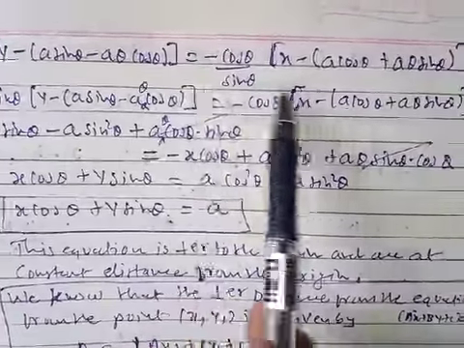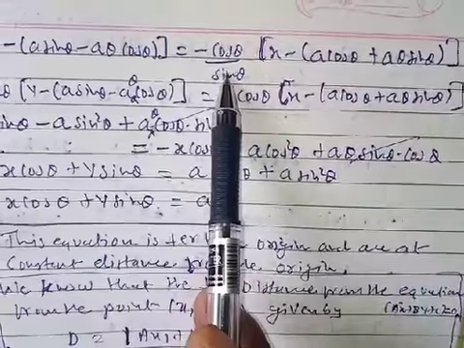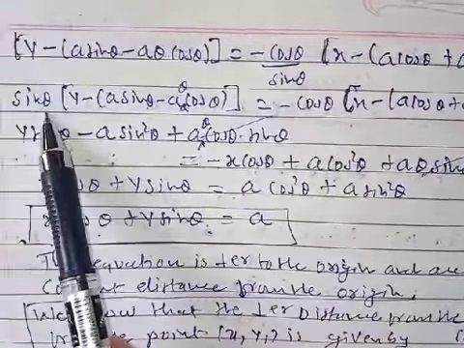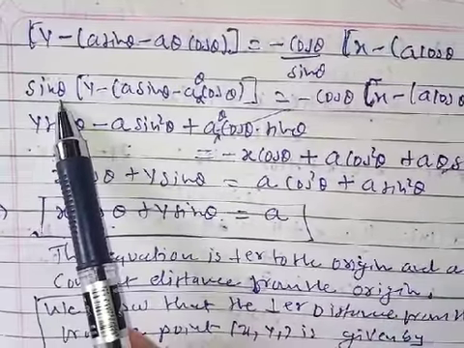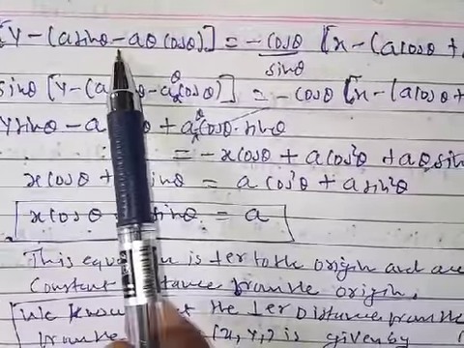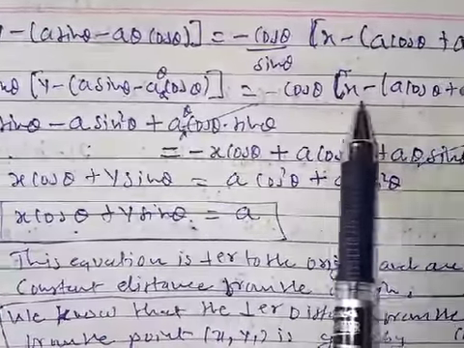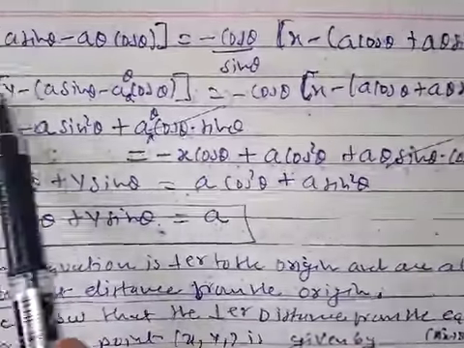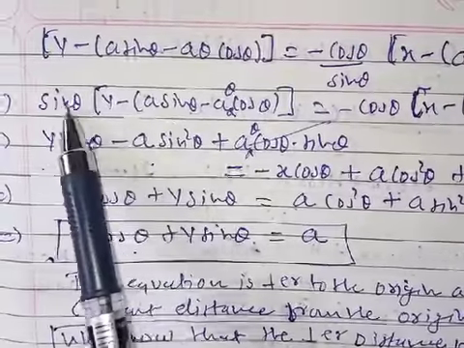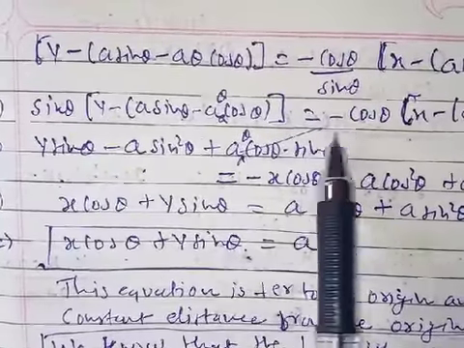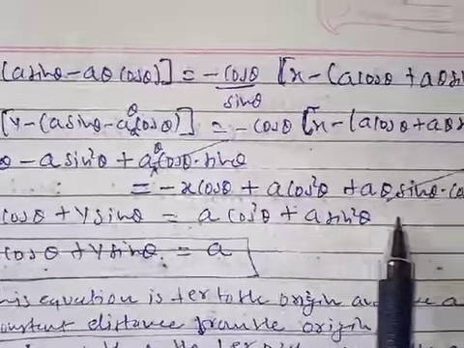Now it is just a matter of simplification. Simplify the tan, sin goes to the other side, open the bracket, apply sin θ and simplify it, and here apply cos θ and simplify it.